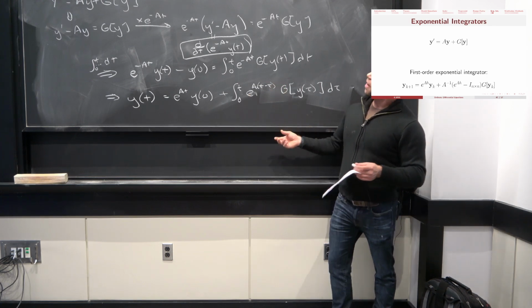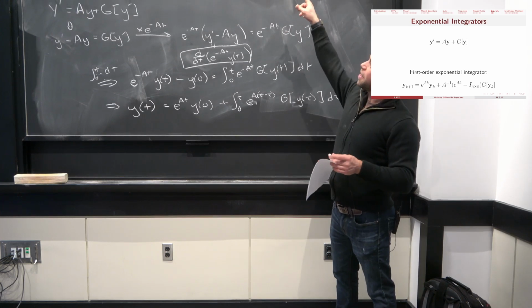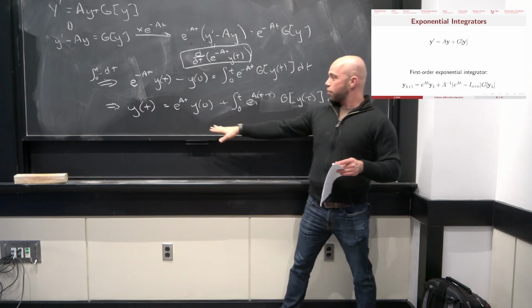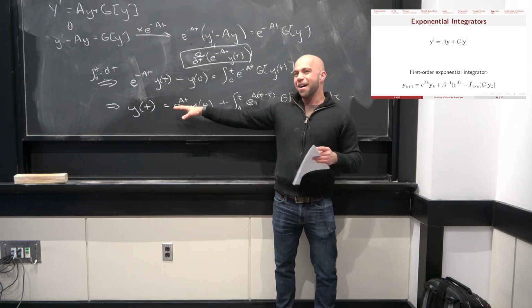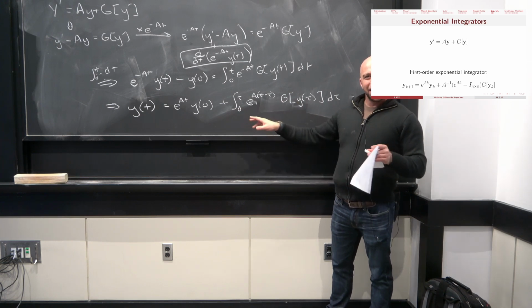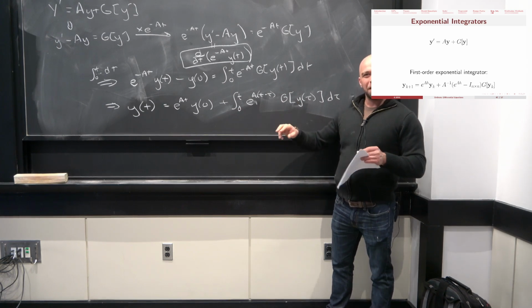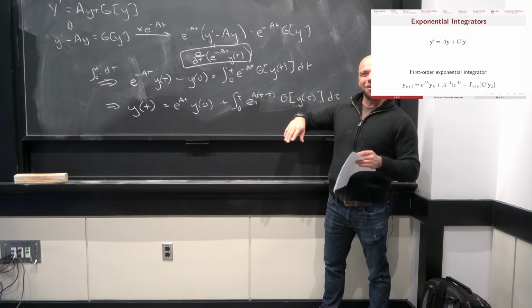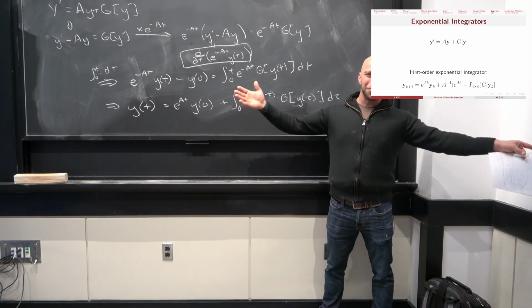Well, remember our strategy, which is all the way at the top of the board here, for deriving new integrators. We come up with some clever formula. This guy so far is an equality. And now y of t is equal to something computable plus an integral. What are we going to do? Do a quadrature rule. For every different quadrature rule we put here, we get a different numerical integrator for our ODE.